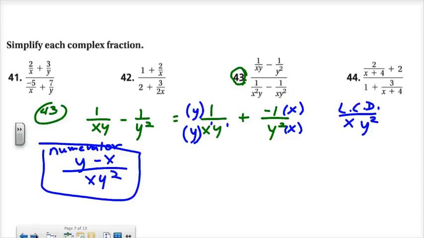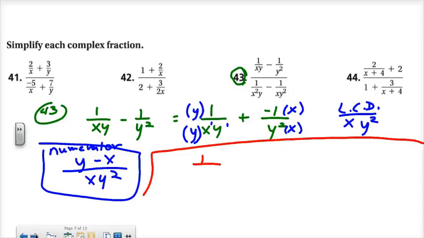Now I need to go after my denominator. And that one is 1 over x squared y minus 1 over xy squared. I need my LCD. I'm going to need an x, I'm going to need a y, and I need it to the highest power. So in this case, I'm going to need an x squared and a y squared for this one.